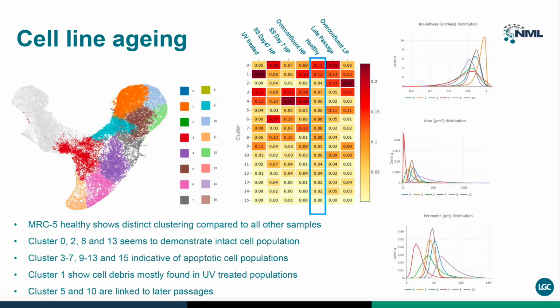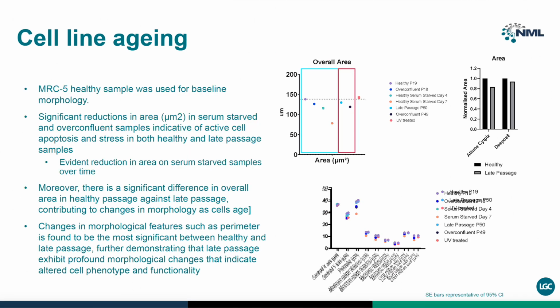What we were also able to show here is that these clusters, according to DeepCell analysis software, do show differences in terms of eccentricity, roundness, area, and also the perimeter, further indicating that these clusters are specific subsets of populations. So this clustering helps us understand population dynamics and also identify outliers within the populations.